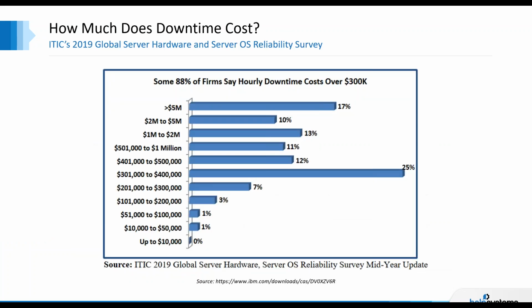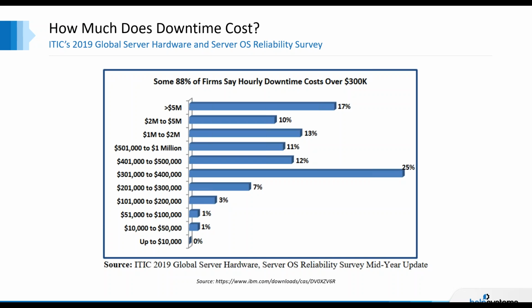Okay, Tom. So how much does downtime cost? Here's a survey from Information Technology Intelligence Consulting. The figures on the left of the screen are the costs for businesses surveyed per hour of downtime.